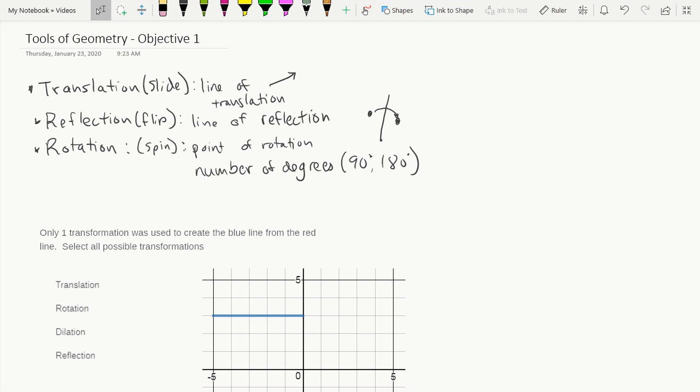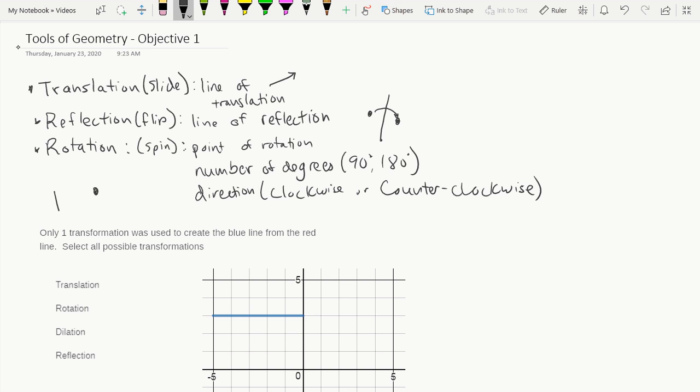But you need a number of degrees, and then you also need a direction, which is going to be either clockwise or counterclockwise. So a rotation, I'm always going to have a point.